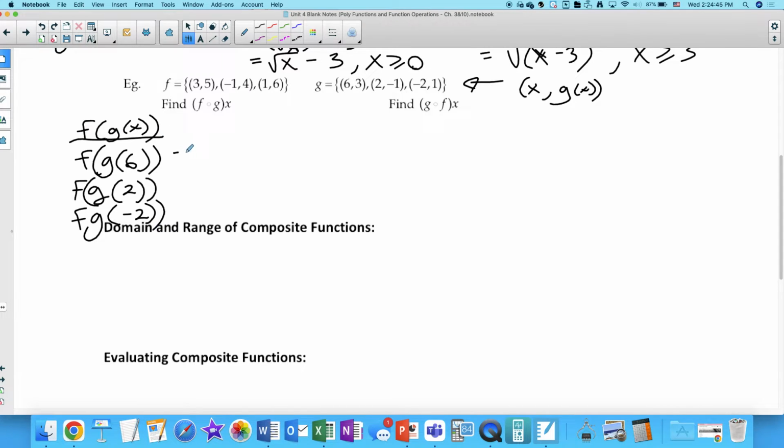Now, f of g of 6: when x is 6, g of x is 3, so this is f of 3. For f of g of 2, when x is 2, g of 2 is -1, so this is f of -1. For f of g of -2, when x is -2, g of -2 is 1, so this is f of 1.